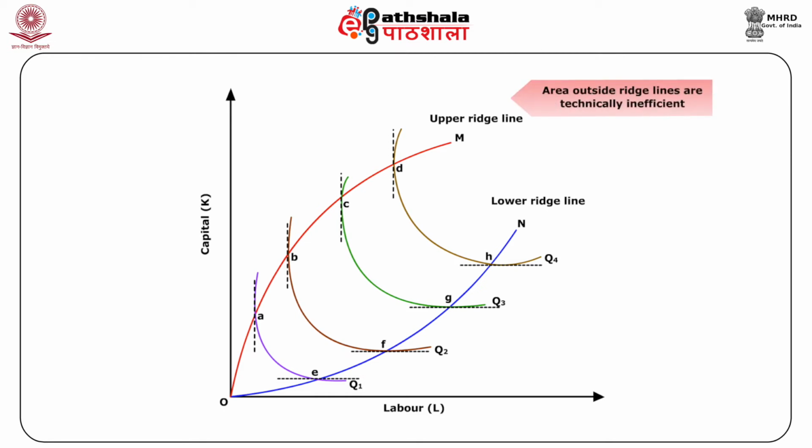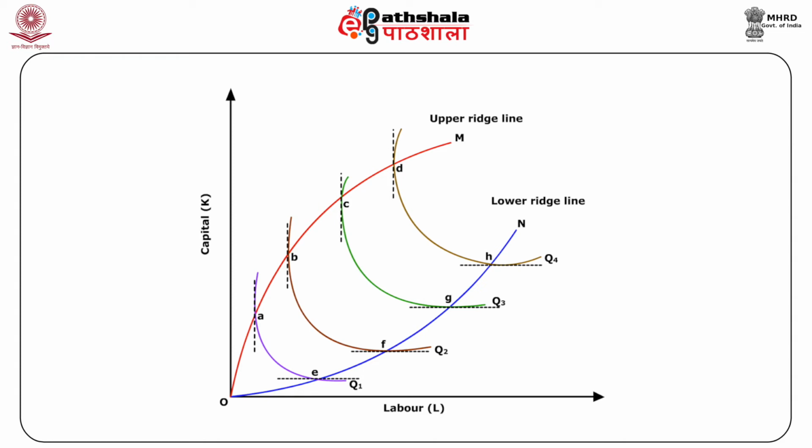The area outside these ridge lines is the technically inefficient area where production cannot take place. Hence, the area which is technically efficient and where the production can take place is the area between the ridge lines, which is also known as the economic region.